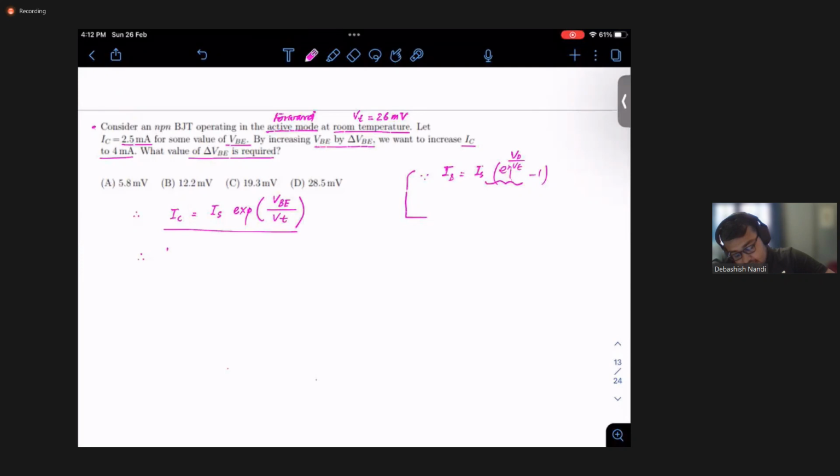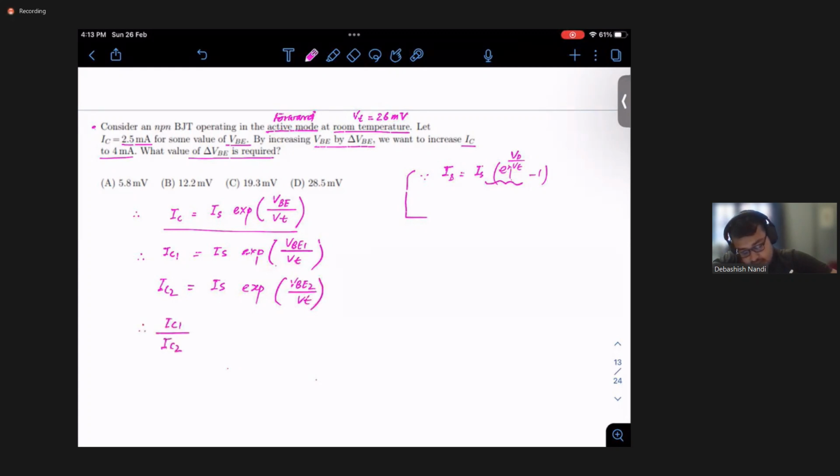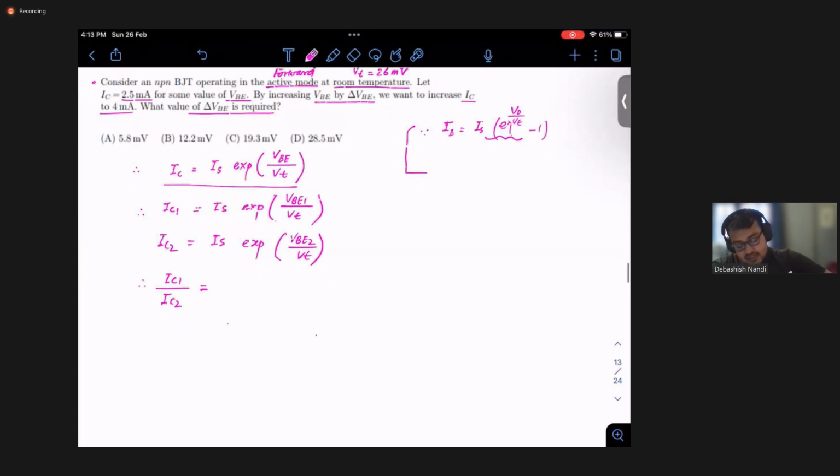So let's say your IC1 is IS exponential VBE1 by VT, and your IC2 is IS exponential VBE2 by VT. If you take the ratio, IS gets cancelled, and it becomes exponential VBE1 minus VBE2 by VT.